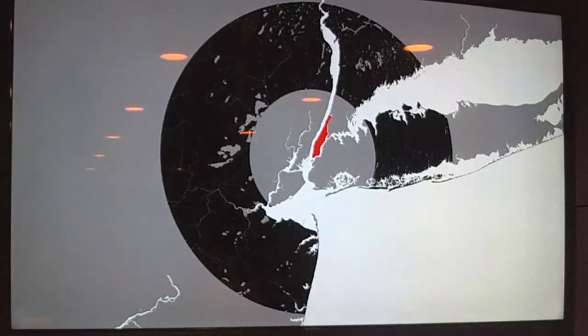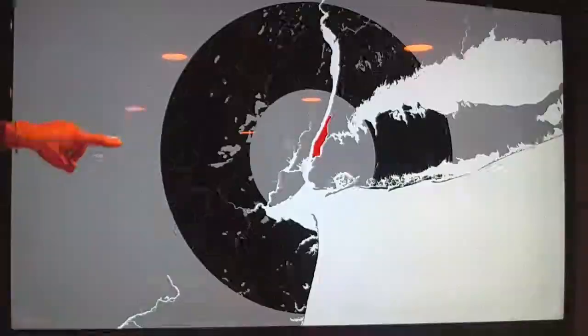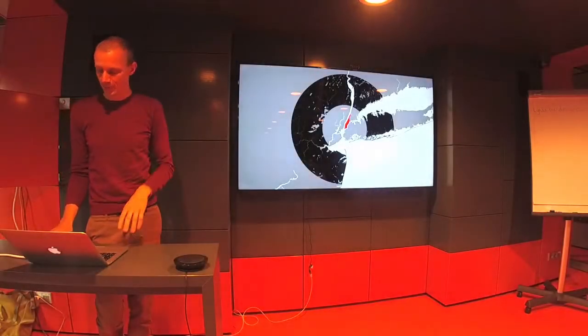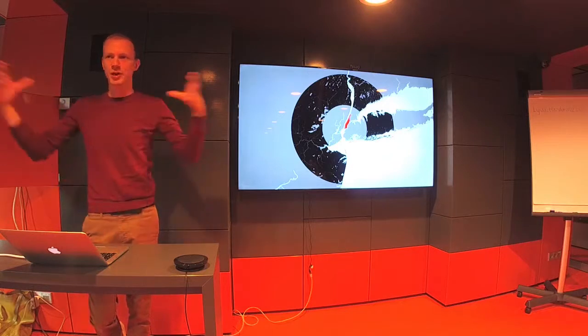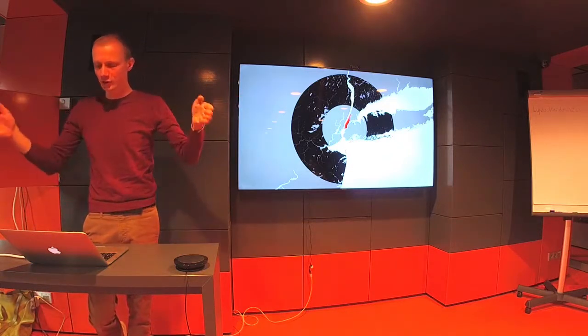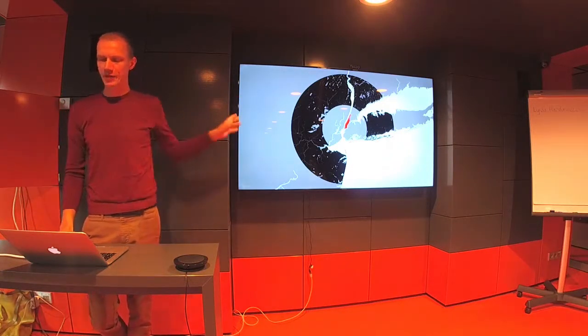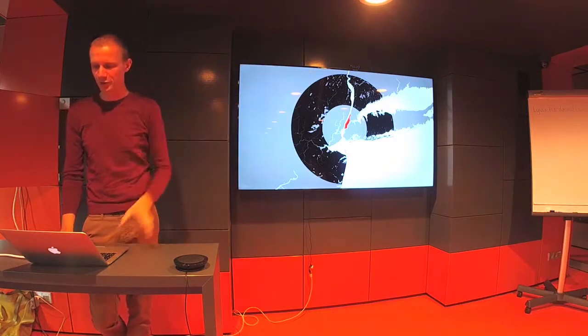So if you go any further away, the speed of your data goes down so much that it's actually hurting your business. But the inner ring is there because they take into account the possibility of a nuclear attack on New York City, and that would be the blast radius of a nuclear bomb, and you don't want your data center to be in there. So you have this black area, this is where you should build your data center.